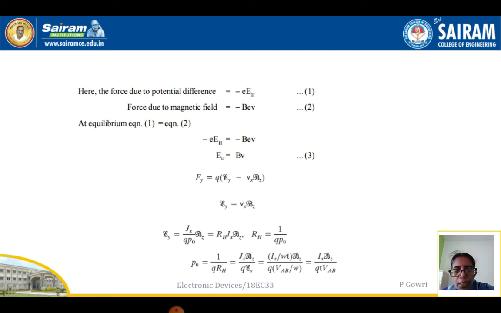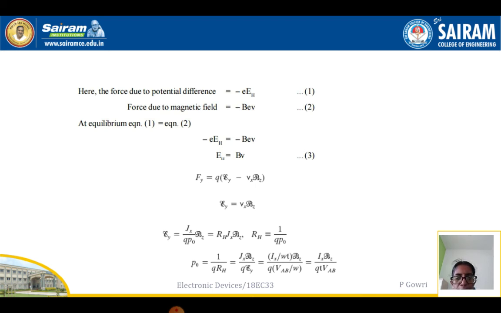Similarly, if we take the electric field in the x direction and the magnetic field in the z direction, then the generated field is given as EY equal to Vx into Bz. Now replacing Vx, the drift velocity of the carriers in the x direction, by the current density Jx divided by q into p naught.